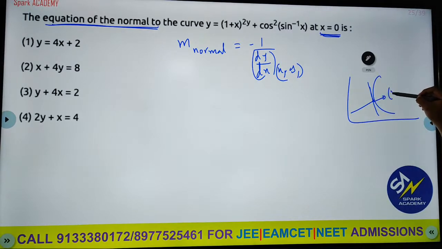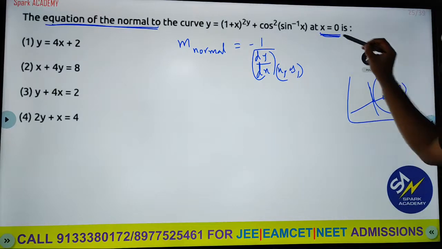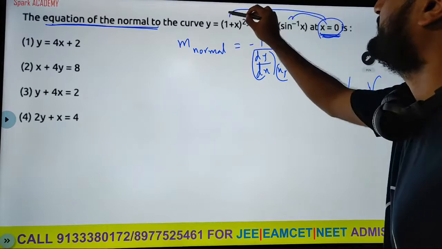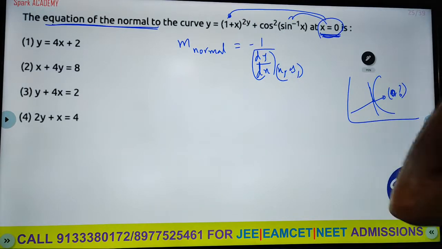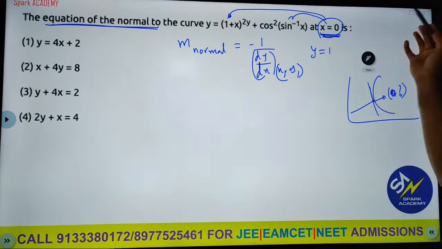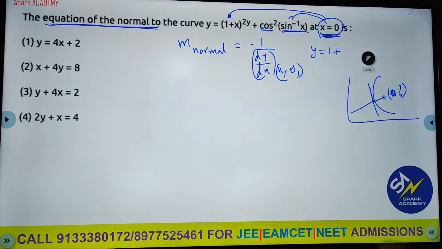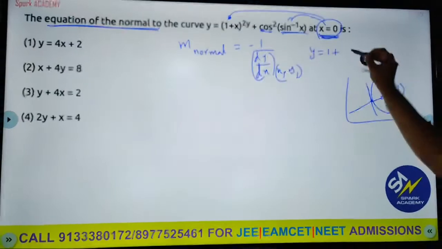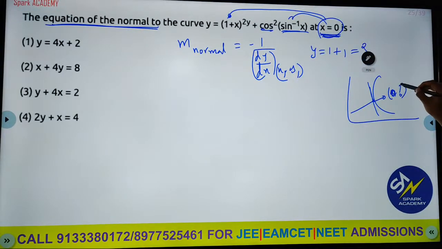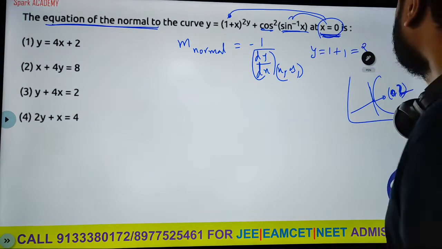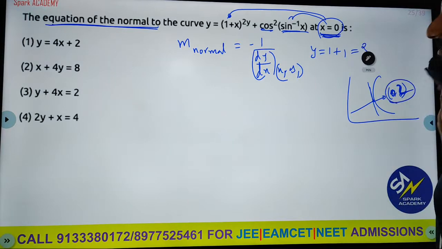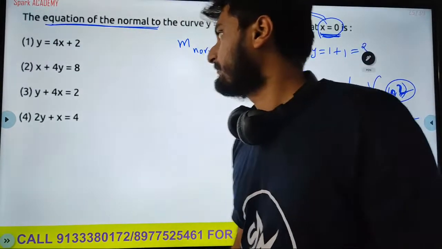In the point of contact they said x equal to 0. So what is y? Just substitute x equal to 0 in this. Y equals 1 power anything is 1, plus cos square sin inverse 0, where sin inverse 0 is 0 and cos square 0 is again 1. So y equals 2 we will get. So the point of contact is 0 comma 2.